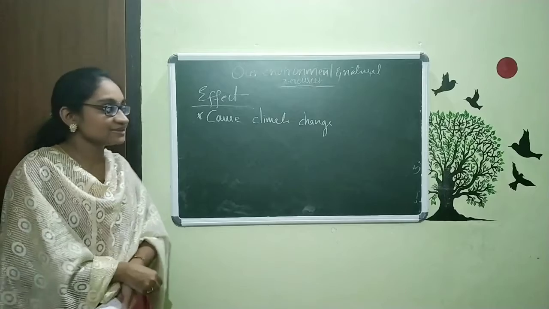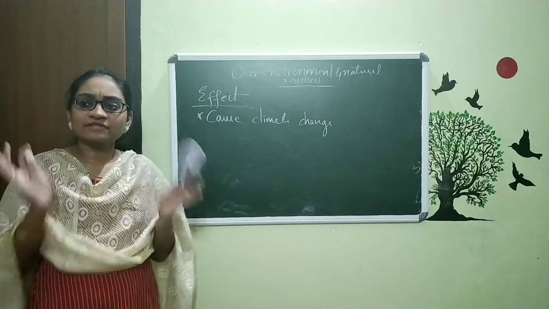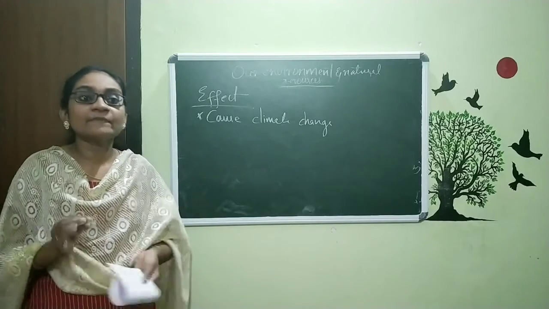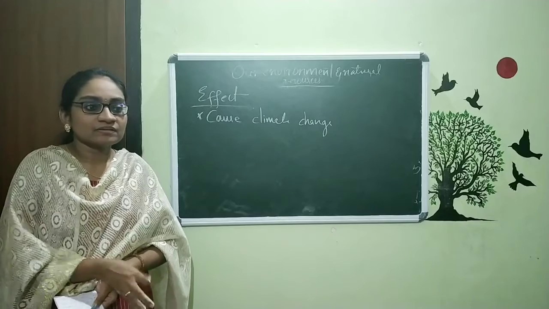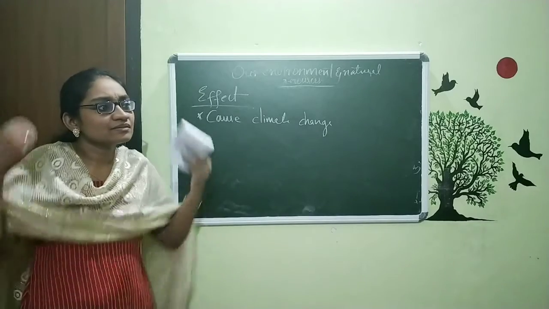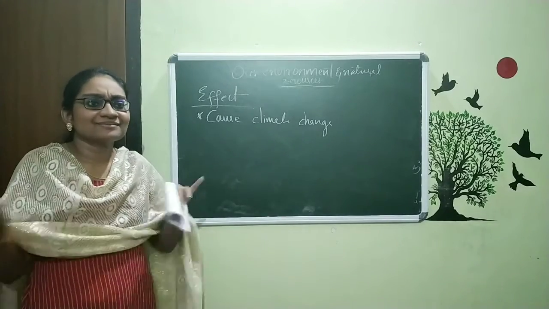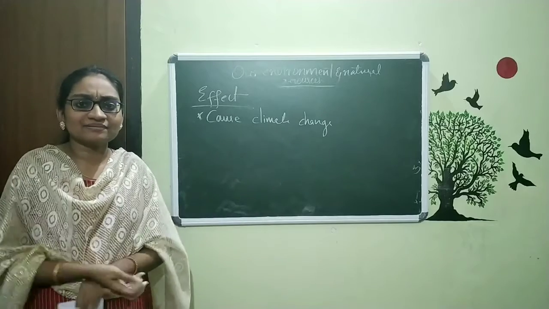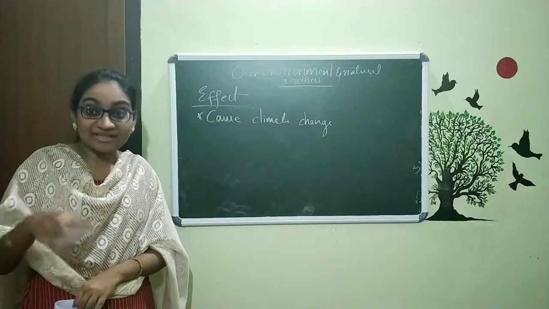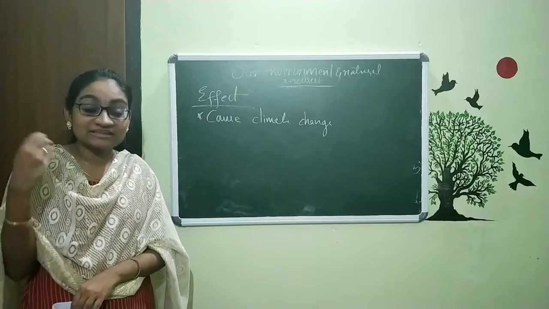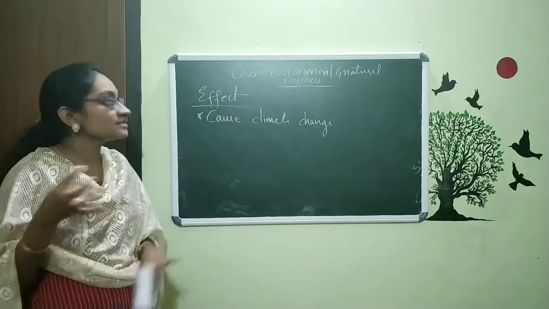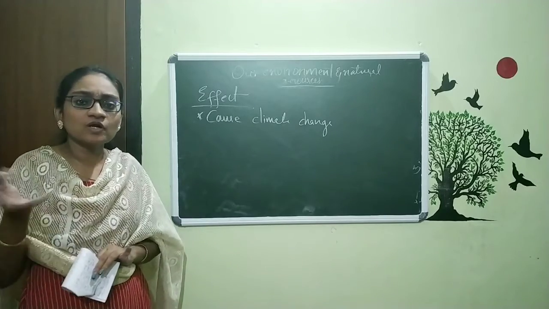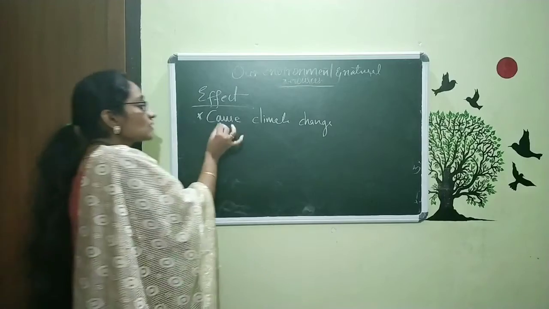That means normally we have a particular climate at a particular time, but now you can see the rain is coming at odd times, or in summer the heat is increasing very high, and all these happen because of global warming. So it causes climate change.